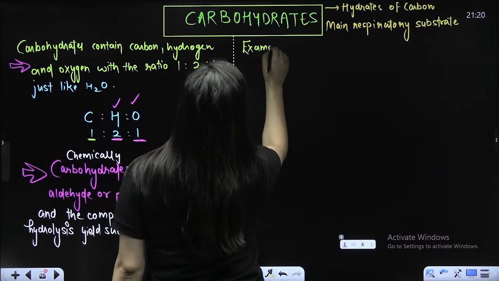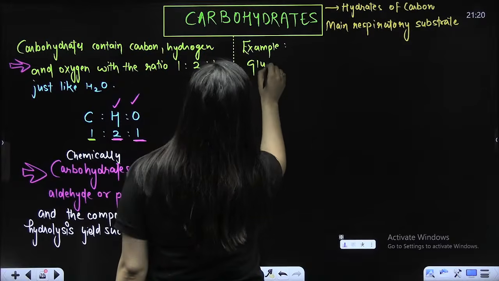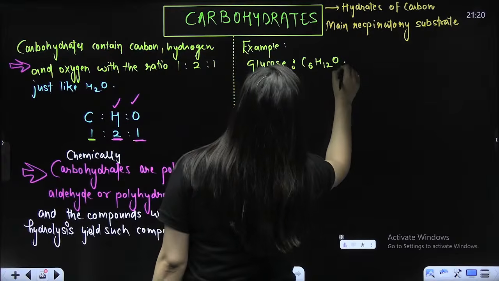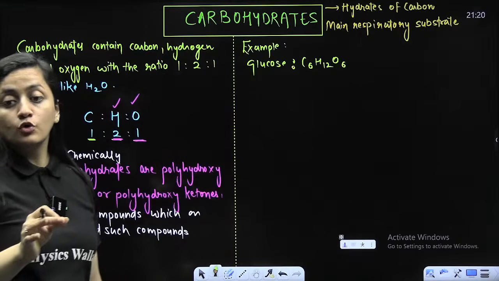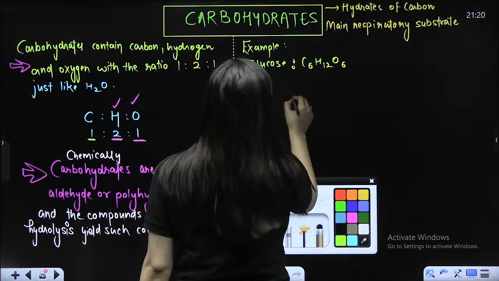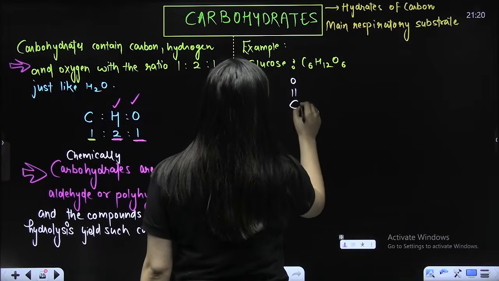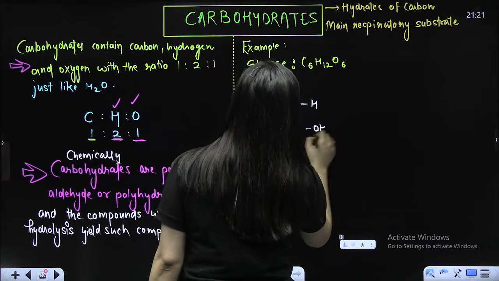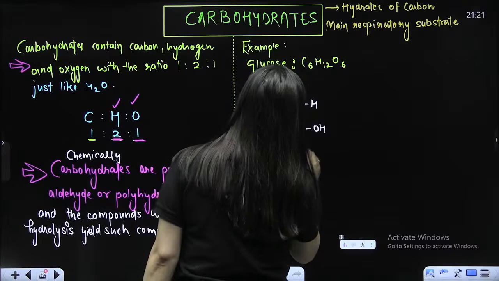I believe you all know glucose. Glucose is a carbohydrate. Glucose formula is C6H12O6. What is the formula of glucose? C6H12O6. Okay. How do we make it? Look, C double bond OH. That's the structure of glucose, and it is the chain form.